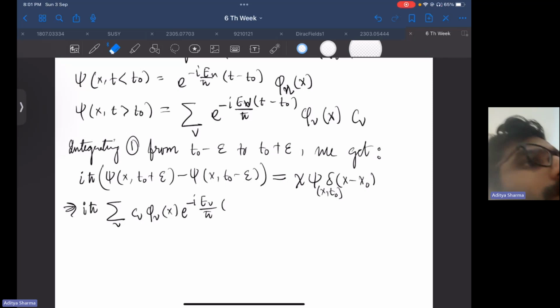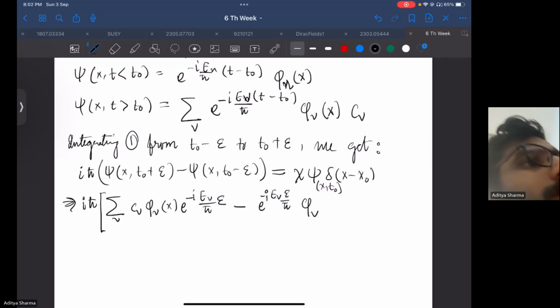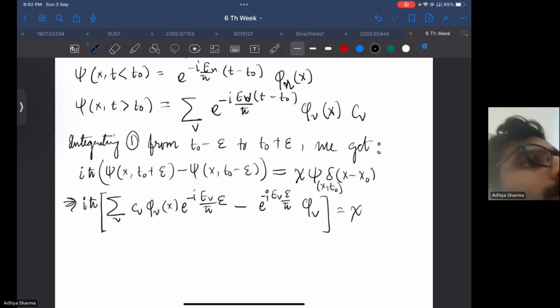And t is nothing but t naught plus epsilon, minus epsilon h-bar.